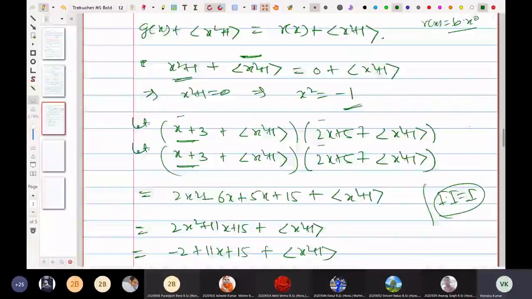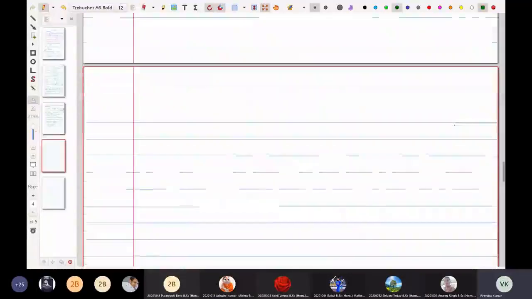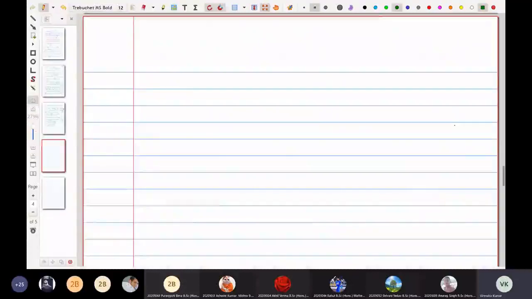So let us move further. There are two results that I would like to mention. This is from your book.